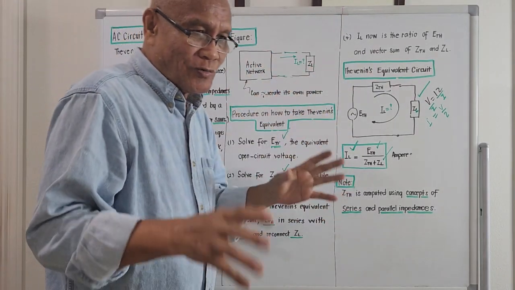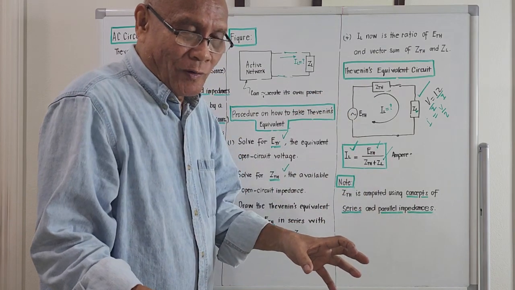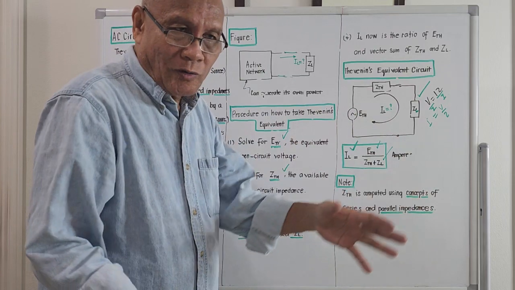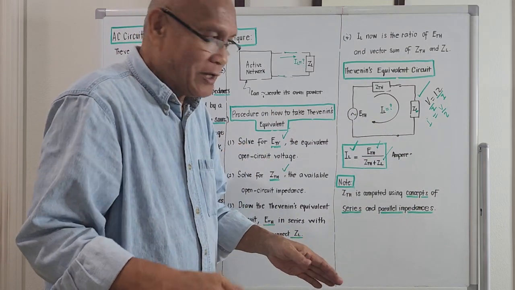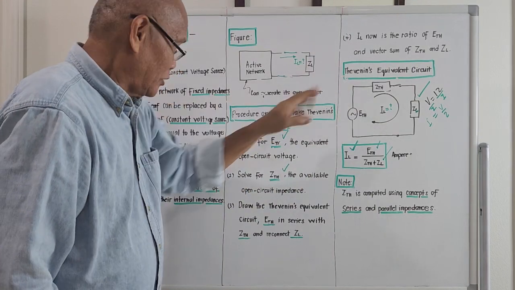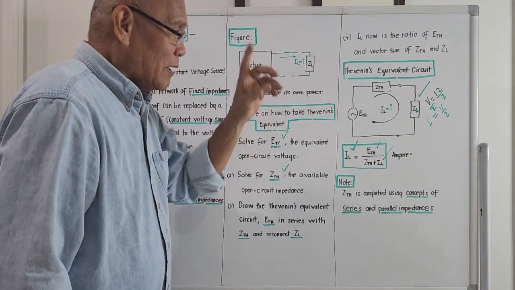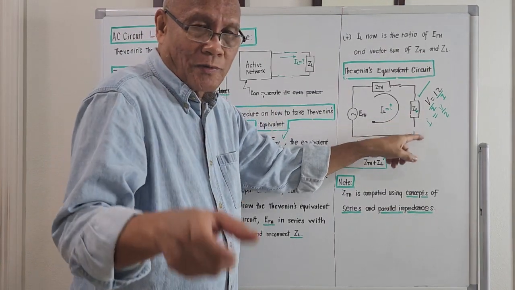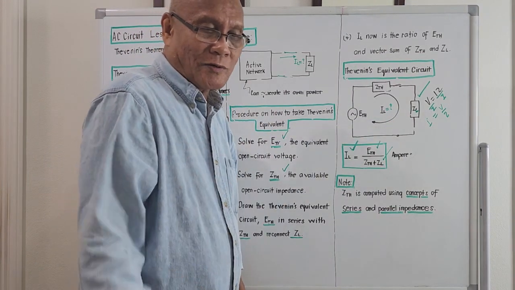What I discussed tonight is just the concept. So to better understand the concept, the next time around, I will be giving a problem on how to implement procedures number 1 up to 4 using Thevenin's theorem in the computation of the current passing through the load ZL.